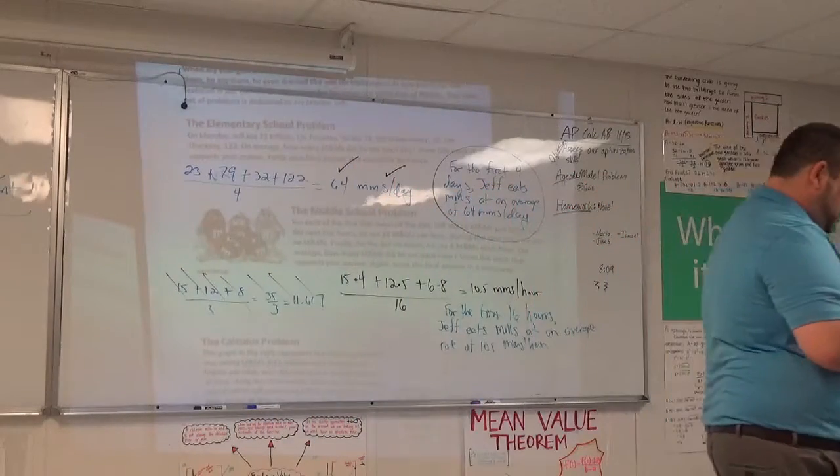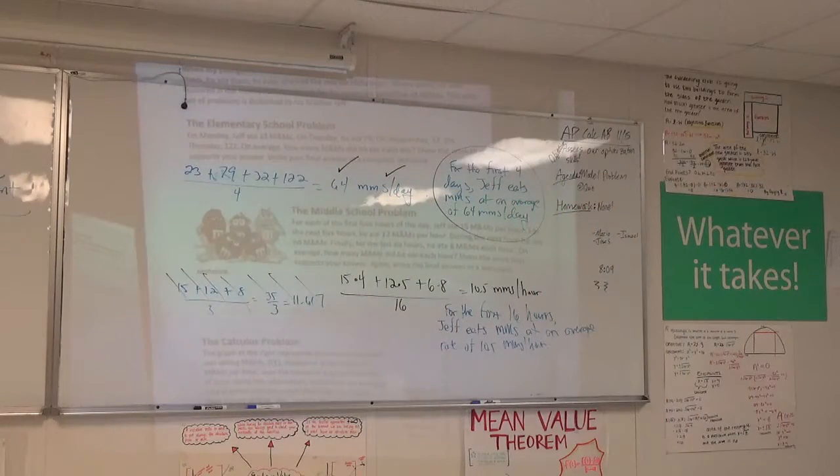Is it possible to do it? Because you're just finding the total number. In order to find the total number, you have to partition the units. That's telling you how fast he's eating the M&Ms. That makes sense.